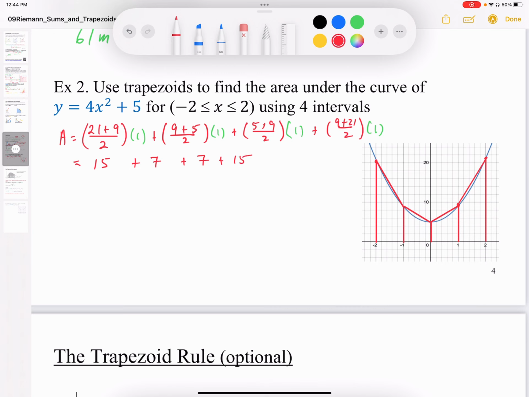So because of the symmetry of this, we can calculate this fairly quickly. So this area that I've calculated in here, these 4 trapezoids, I get a net area of 44 units squared.